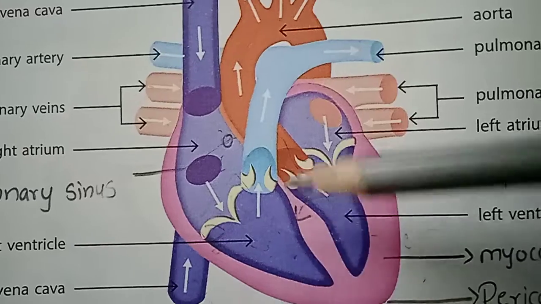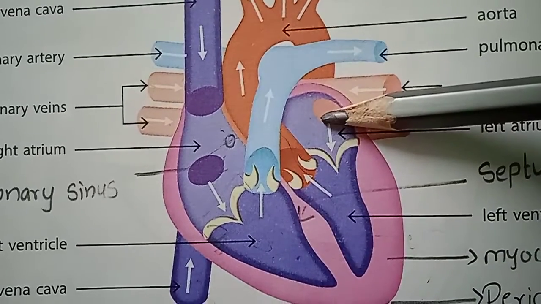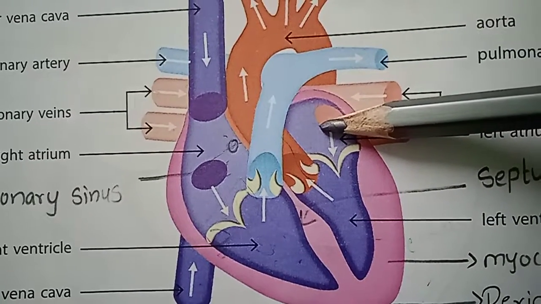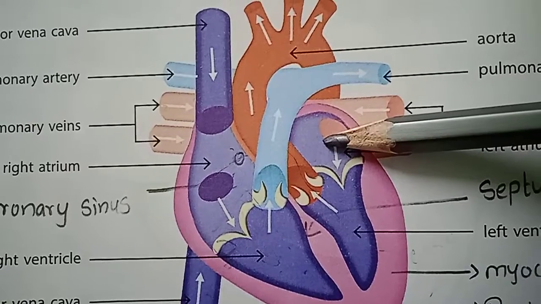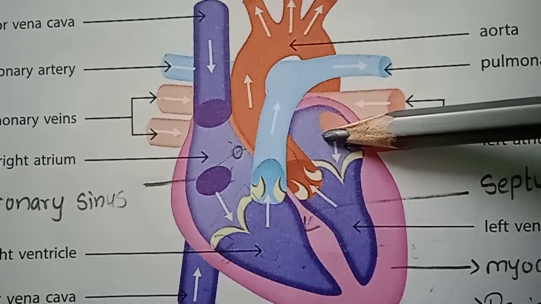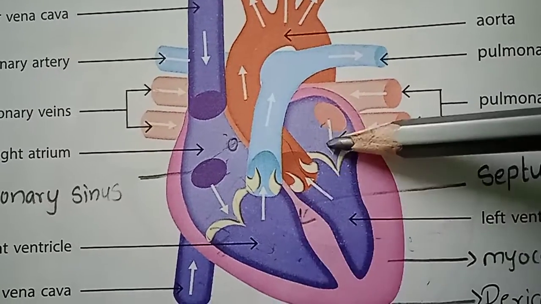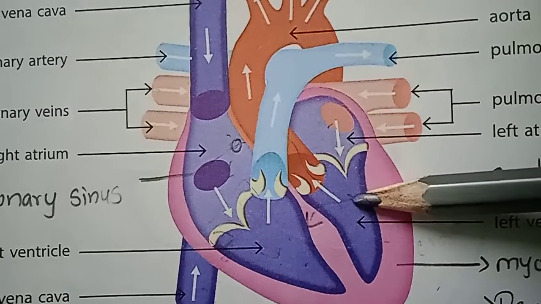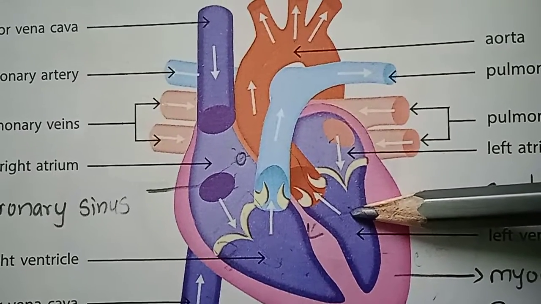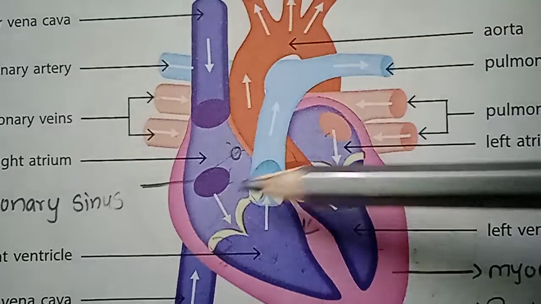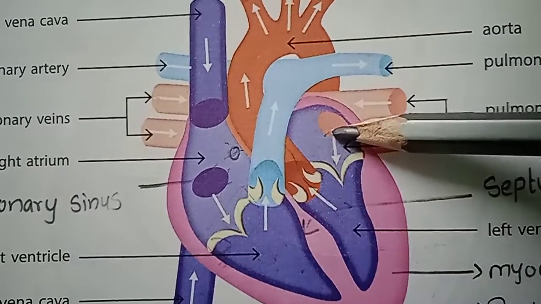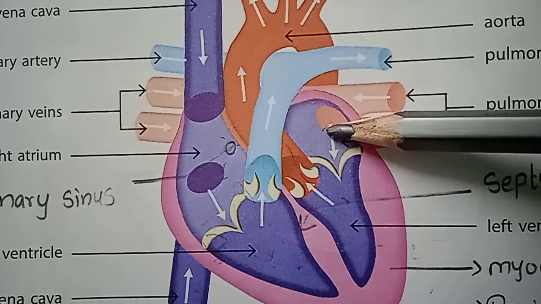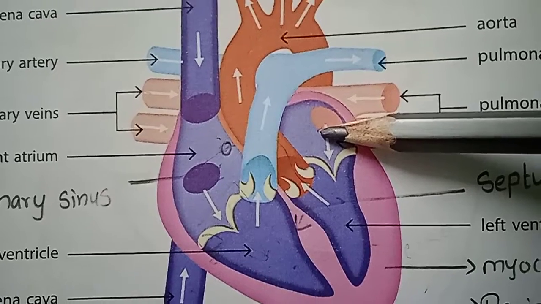For this force, the atria contract. When they contract, the blood enters the ventricles. That is called atrial systole.